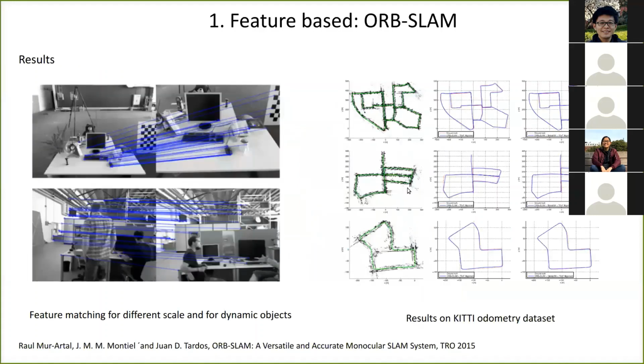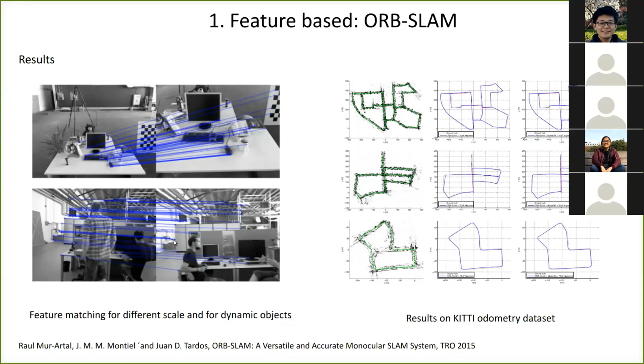Some of the interesting results by ORB-SLAM are the correspondences. The correspondence matching here works because of the application of the ORB feature, which can deal with different scales of the image. We can see this image is enlarged significantly compared with this image, and we can still do a good matching between these 2 frames.